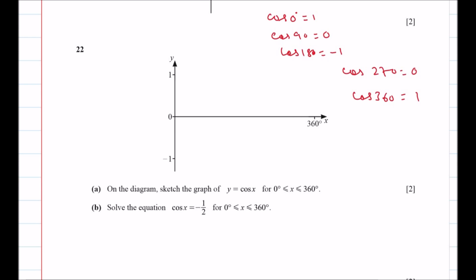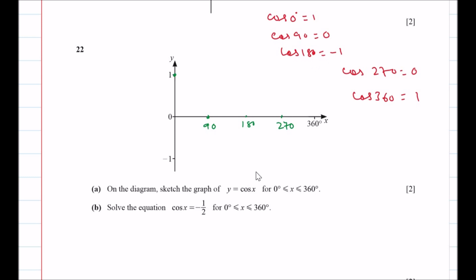Where to show 180 should be exactly in the middle between 0 and 360. So this is your 180. Okay. And 90 should be between 0 and 180. 90 is here. And 270 will be between 180 and 360. Okay. Now let us put the points. Cos 0 is 1, then this is the point at 90.